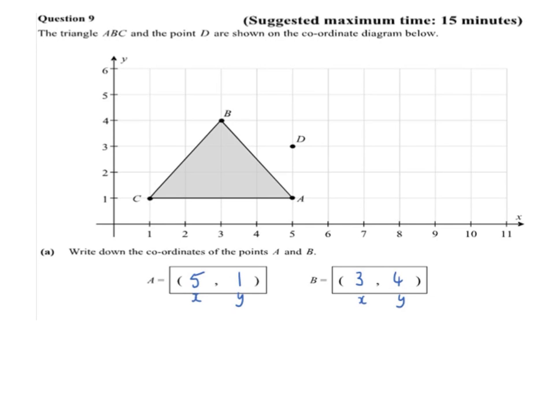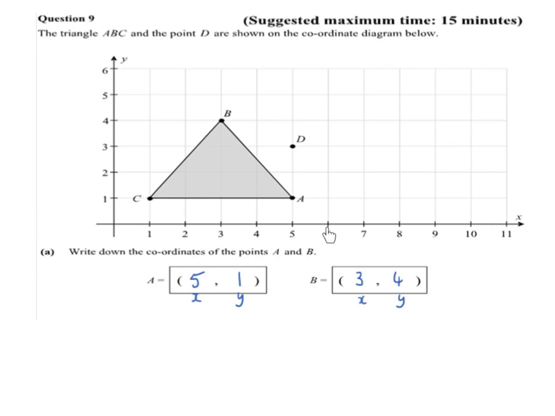And the first number that goes inside the brackets is always going to be the x value. So if we want to start off with point A, which is here, we have to see what number it lines up with on the x-axis. So the x always comes first. The x is always the first number or the first value. And think about it like x is before y in the alphabet.